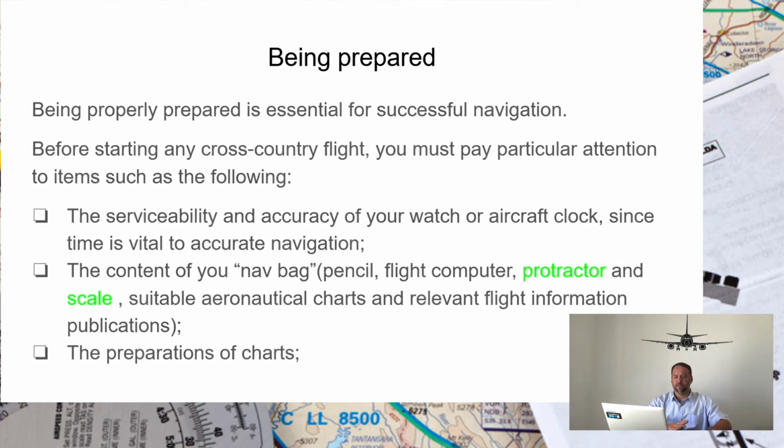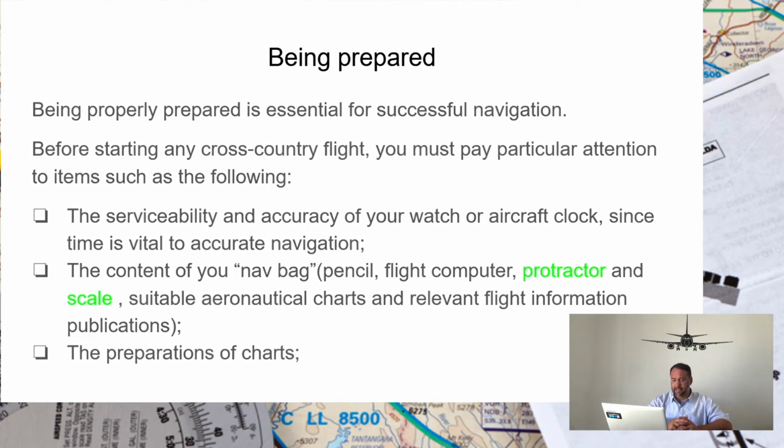Being prepared. Being properly prepared is essential for successful navigation. Before starting any cross-country flight, you must pay particular attention to items such as the following: the serviceability and accuracy of your watch or aircraft clock, since time is vital to accurate navigation.